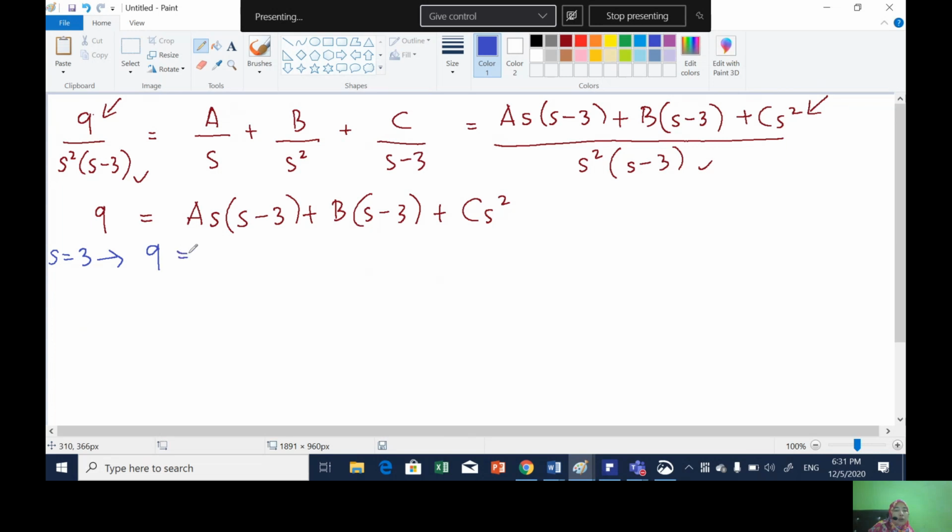You can substitute directly, but I'm not going to write it all down. I will just write A times 0, because this part is 0, plus B times 0, and then plus C times 3 squared, which is 9, so we have 9C. So the left hand side is 9 equal to 9C, which gives us C as 1.